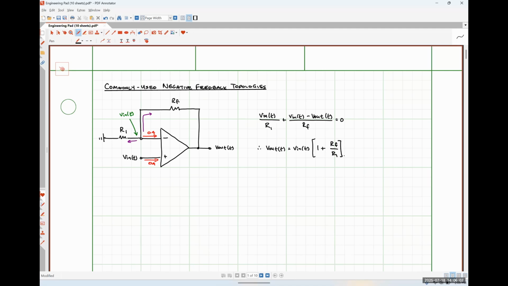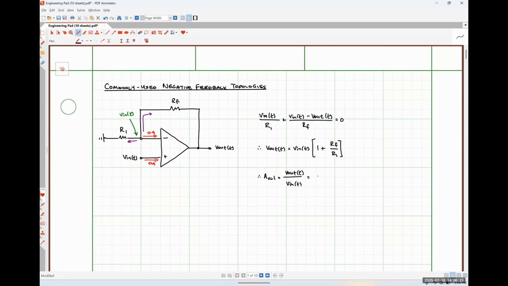So I'm going to define the closed loop voltage gain of the system, AVCL. This is just going to be the ratio of our output voltage to our input voltage.